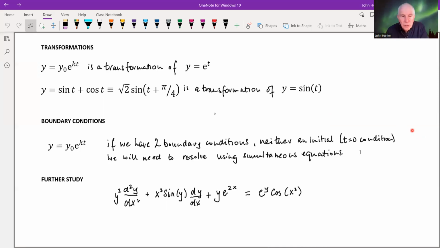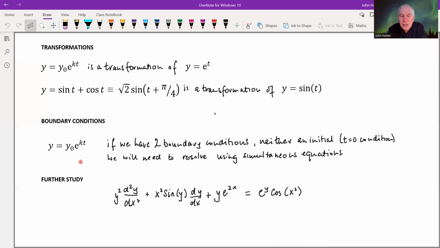If we're looking at this sort of exponential model, what that means is we can solve for y0 first, and then we have another boundary condition which we can use in this modified differential equation, because we've already got one of our constants, and then we can solve for the other one, k. That's a pretty typical situation.